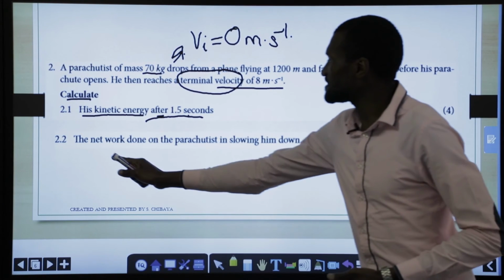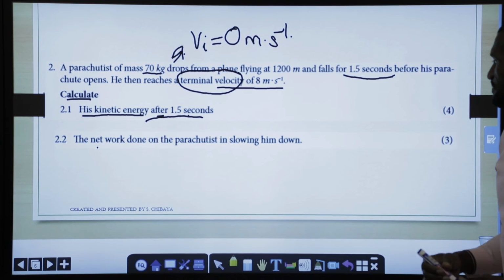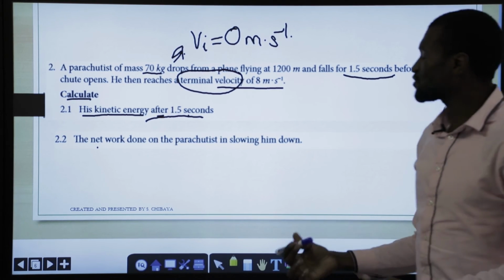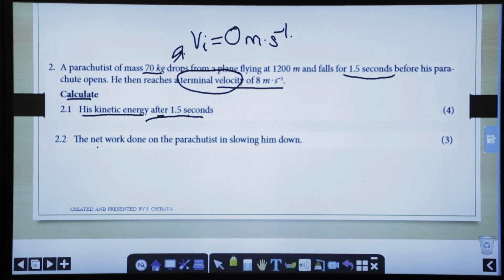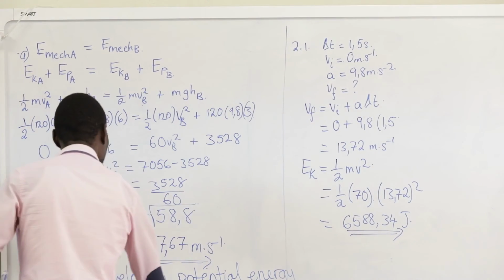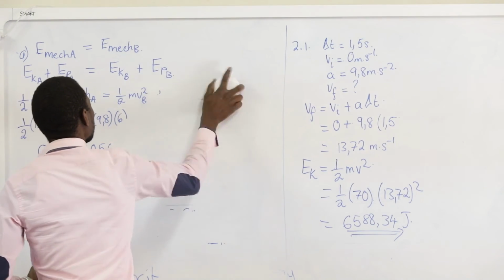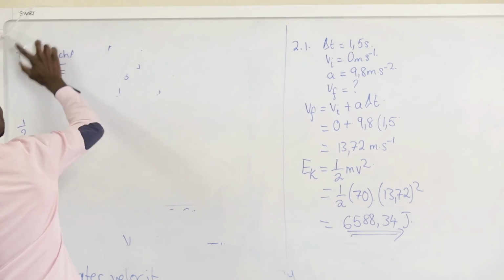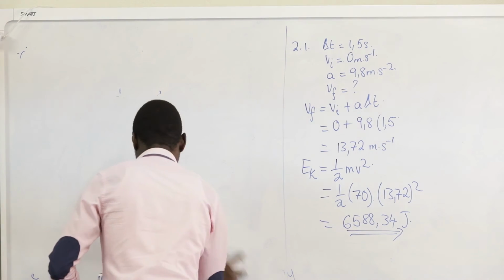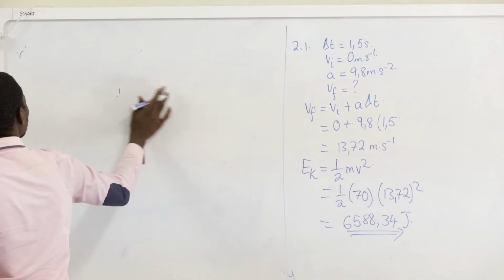The next question says, the net work done on the parachutist in slowing him down. What is the net work done on the parachutist in slowing him down? I think I need a bit of space here, so I'm going to take this off and use some of this space from the question we did before to help me answer that question on 2.2.